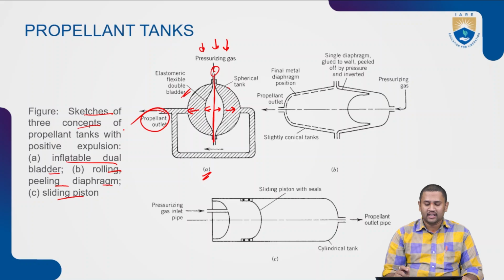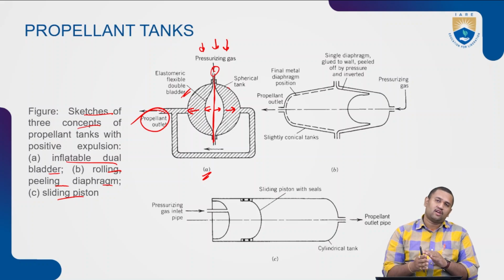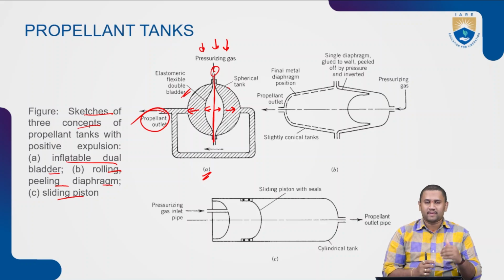Right? Now what is the main advantage in this? Earlier, in pressurized gas pressure-fed systems, the gas we insert into the propellant tanks is in direct contact with the propellant. So in order to cover up the solubility problem, we use inert gases, which again requires additional tubing, a plumbing system, as well as additional tanks to carry those.